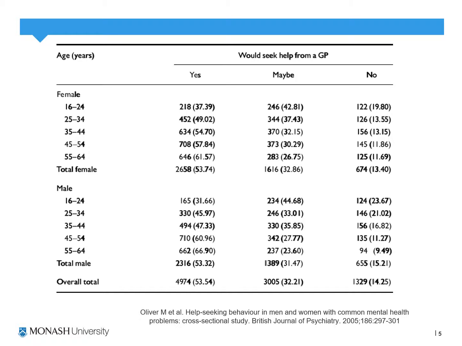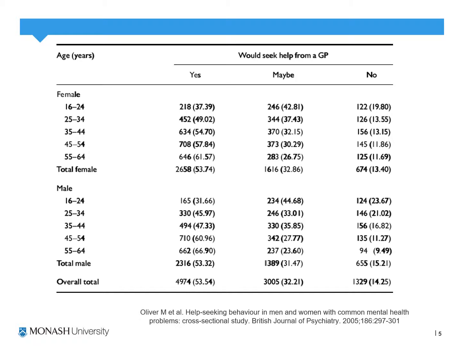So here we have an example of that, a cross-sectional survey or questionnaire that was conducted in men and women with mental health issues, seeing who of them would seek help from a GP regarding their mental health problems.